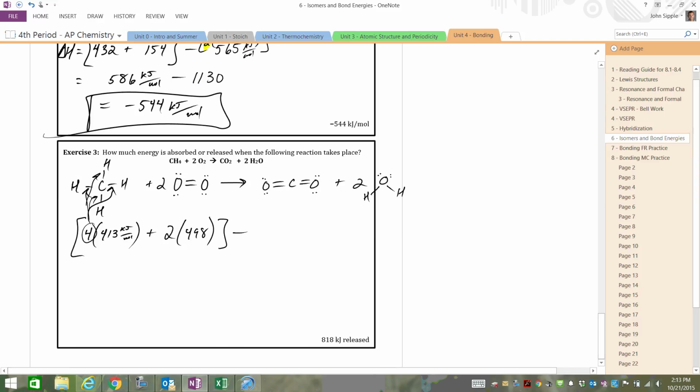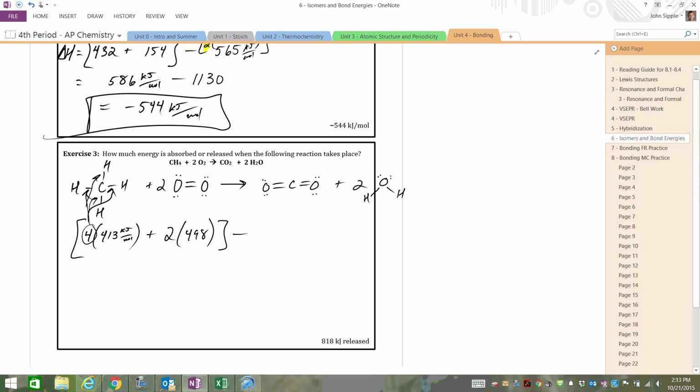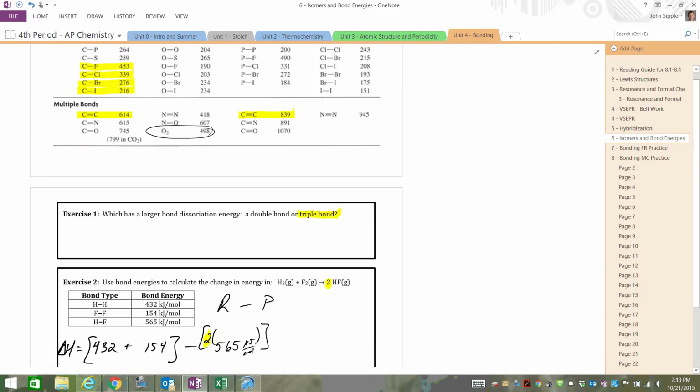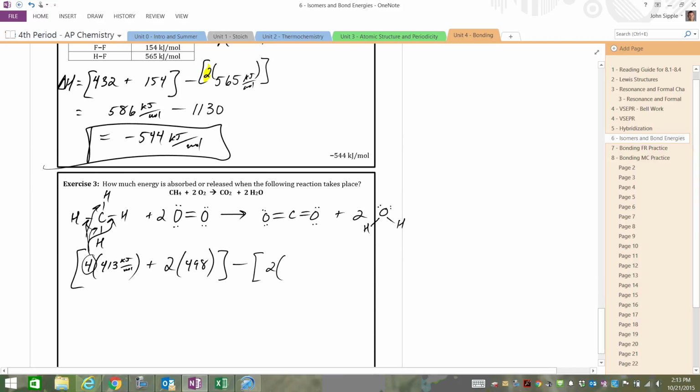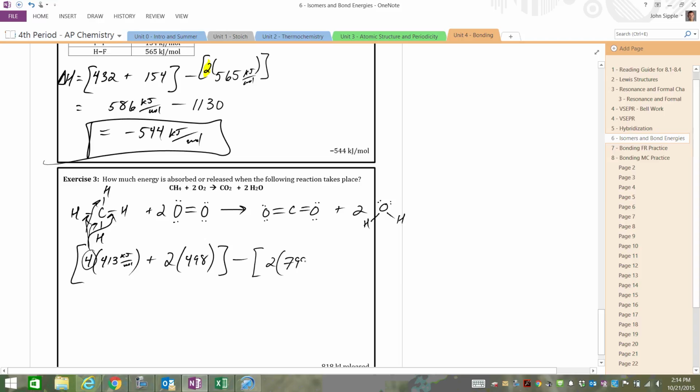That's the reactants. And for the products, we've got 2 times CO2. There's a special energy for CO2, 799. 2 times 799, because we've got 2 C double bonded O's.